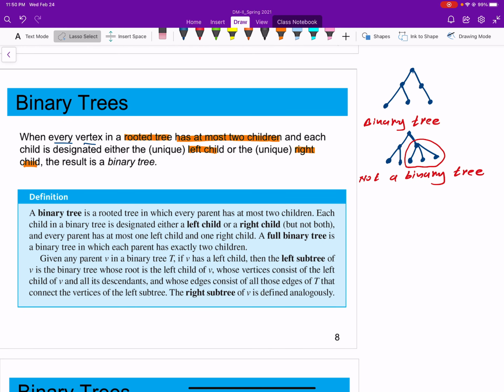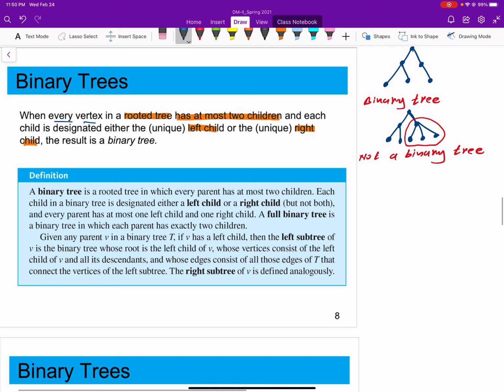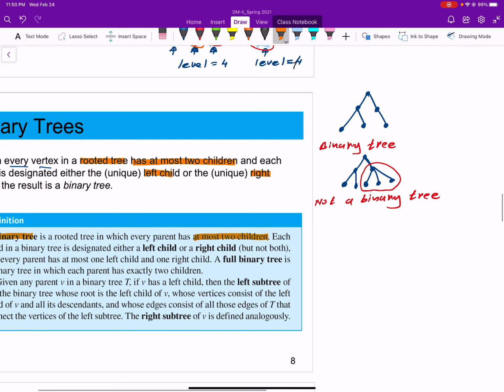All right. Here we have the definition. Let me read. A binary tree is a rooted tree in which every parent has at most two children. Each child in a binary tree is designated either left child or right child. You could say this is the right child.